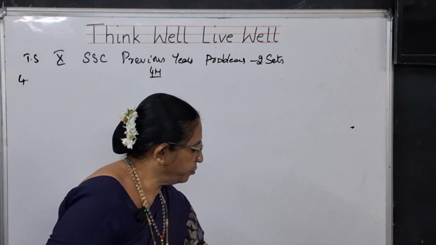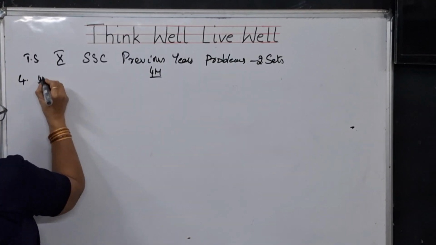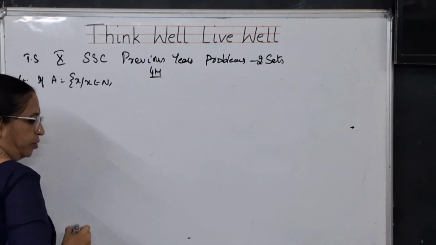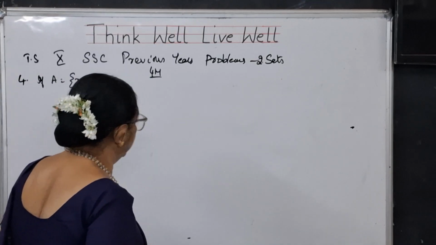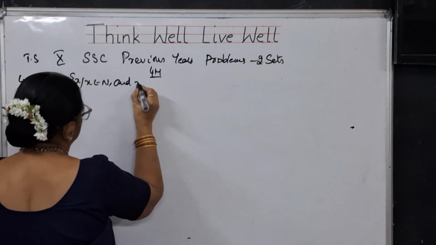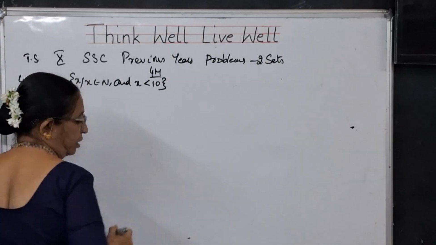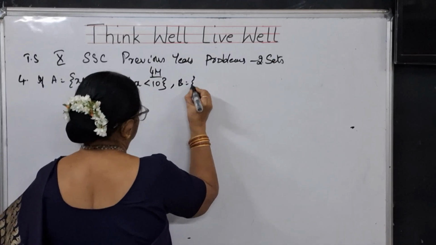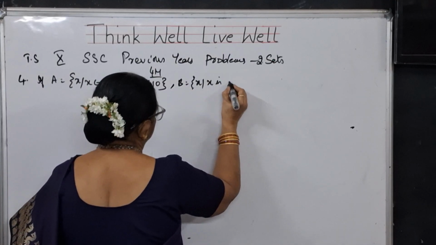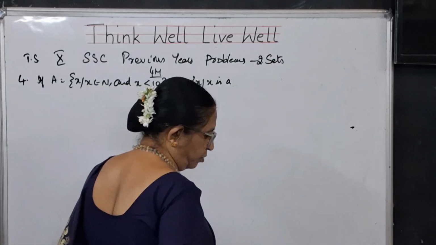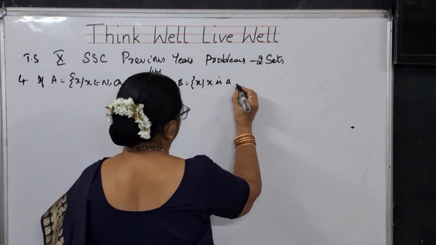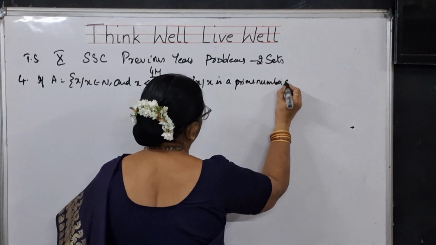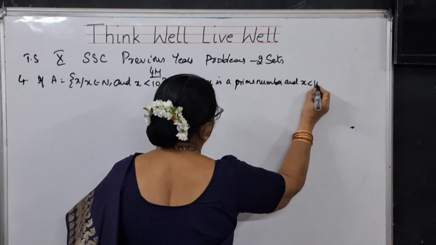Fourth problem. If A is equal to {X such that X belongs to natural numbers and X is less than 10}, B is equal to {X such that X is a prime number and X is less than 10}.